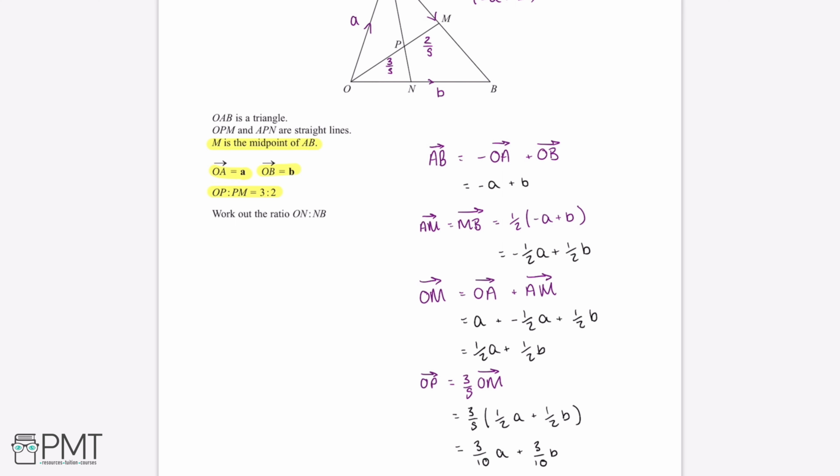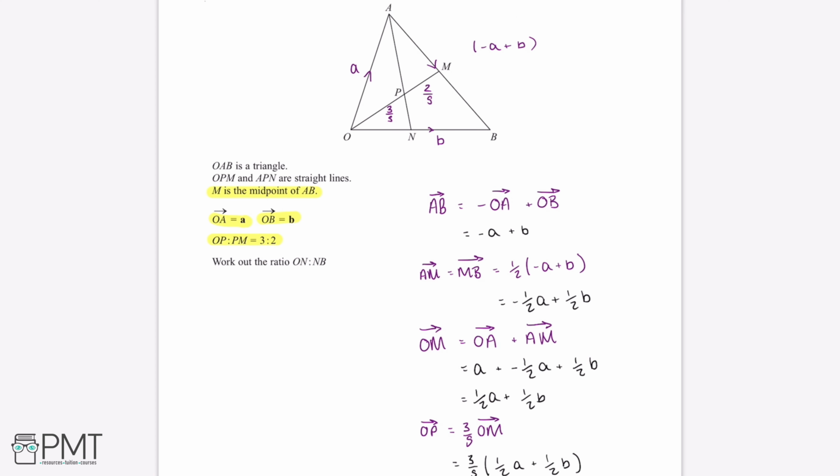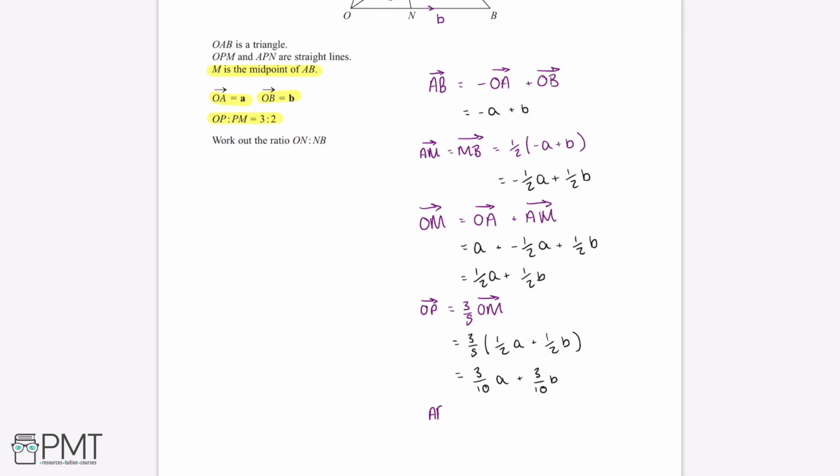The final vector we can work out is AP. AP will be equal to negative OA plus OP. This gives us negative a plus 3/10 a plus 3/10 b, which gives us negative 7/10 a plus 3/10 b.